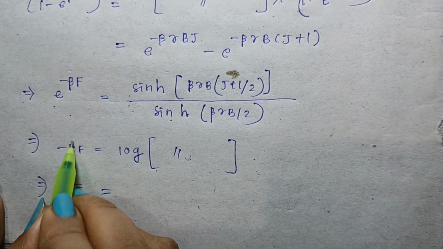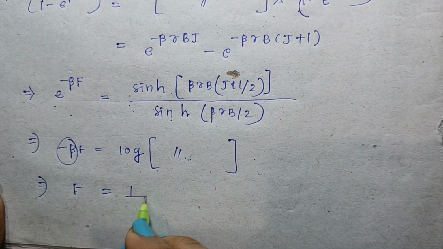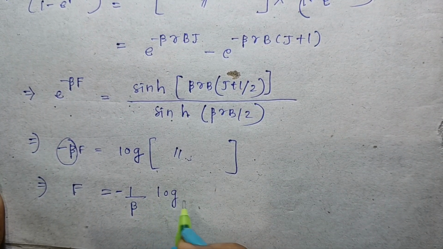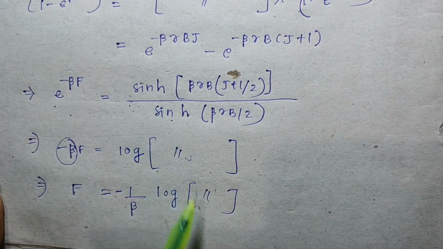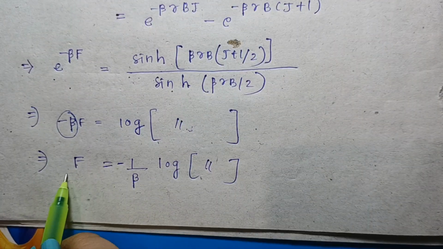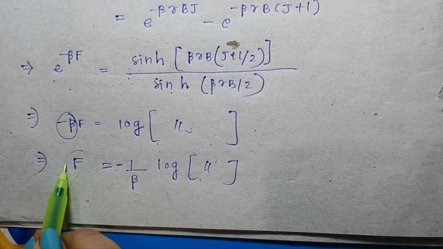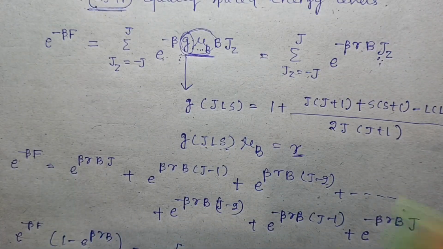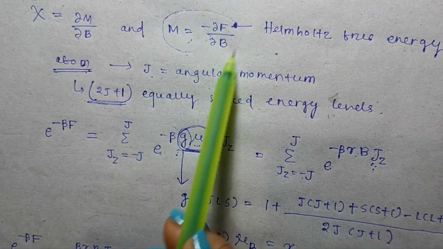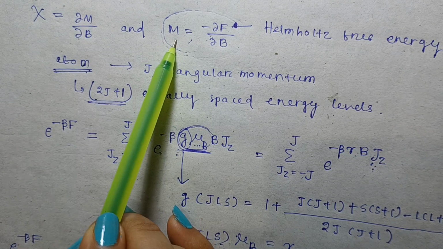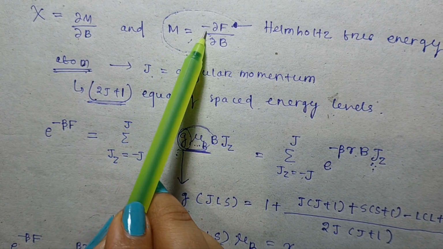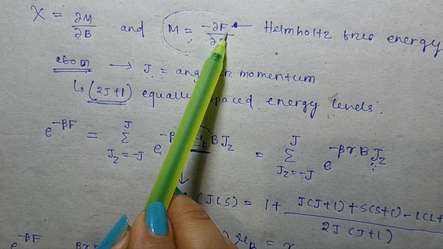Now the minus beta will be divided on the right side with a negative sign, log of this whole thing will be here, right? And we get the value of F. And from this F, by using this formula, I now derive the magnetization M. So M equals minus del F by del B.